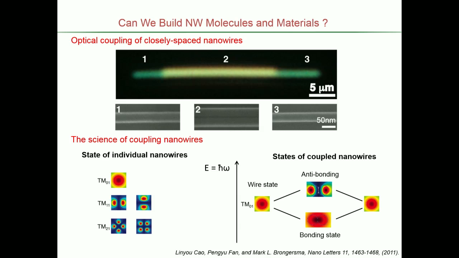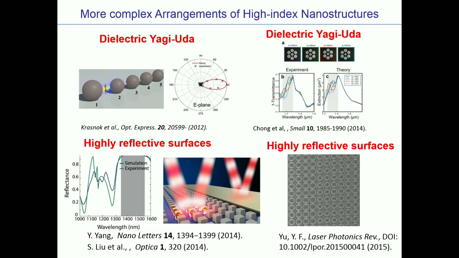If you know the basic modes and you bring two wires together, as in the bottom right, then these two modes can form anti-bonding and bonding states that, not as in molecules, have different binding energy, but in this case have different excitation energies. Resonant energies. So you can control the resonance frequency by changing the environment, either bringing in another resonator or changing, for example, the liquid around it. And that has formed in plasmonics some of the basis for plasmonic sensing. This will be the same beneficial thing over here with high-index dielectrics.